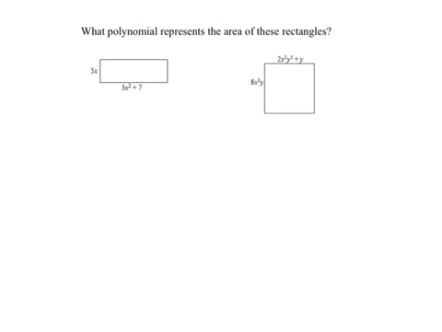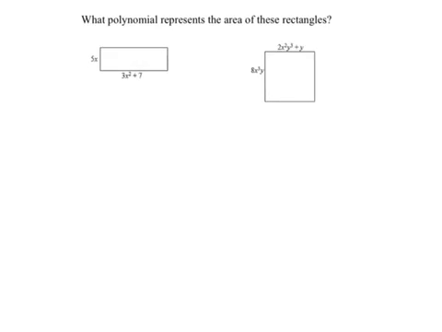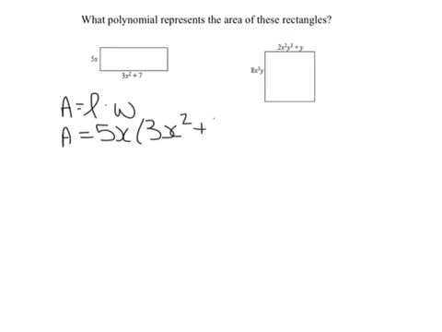Right, moving on to a little bit more challenging questions. We now have the same rectangles that we had before, but the area is not represented by simple monomials. So area still equals length times width. So for this case, it's going to be my length times my width. I need to use distributive property.